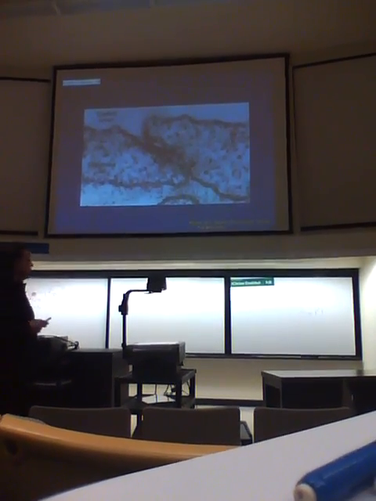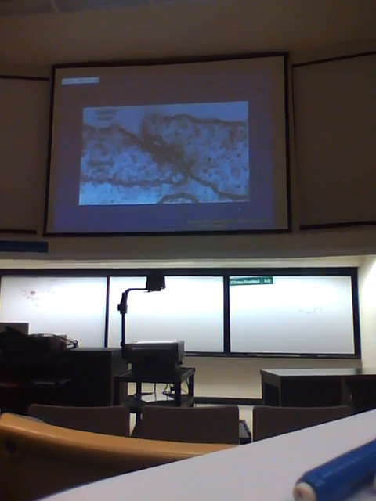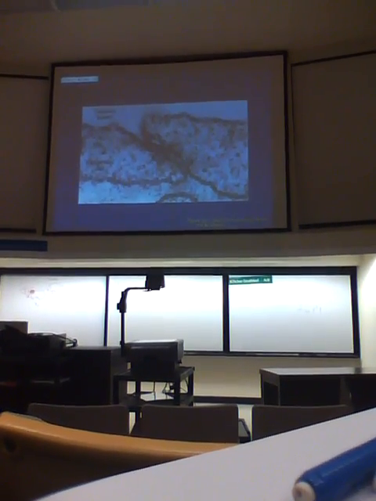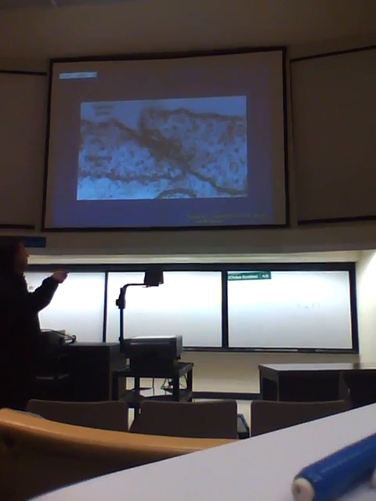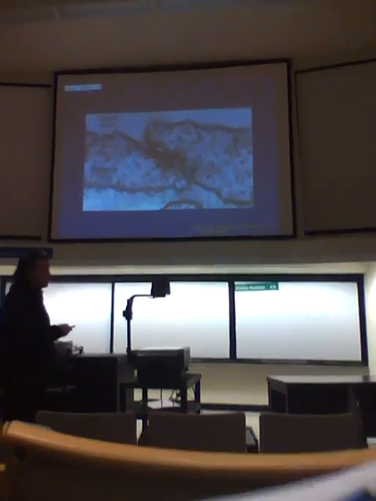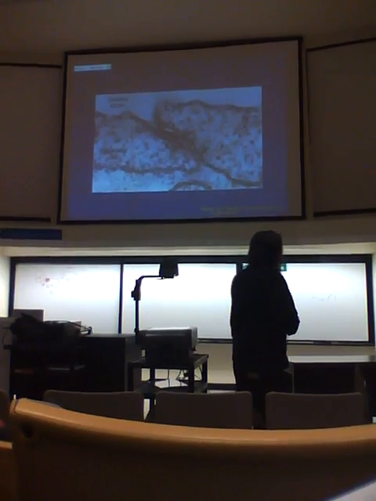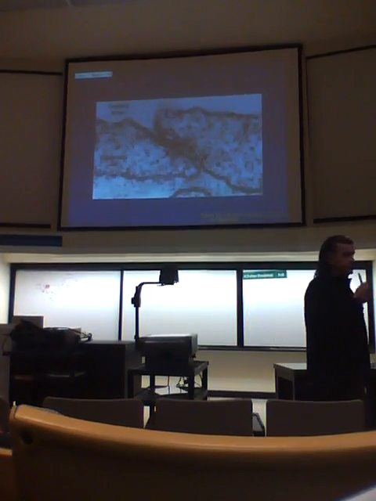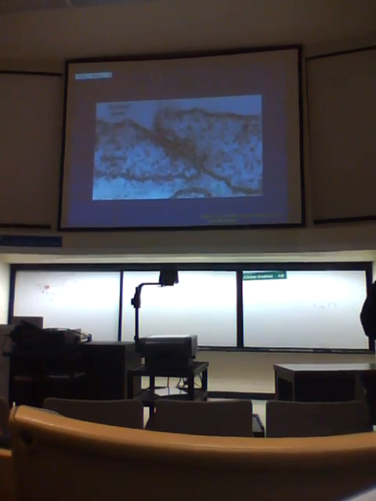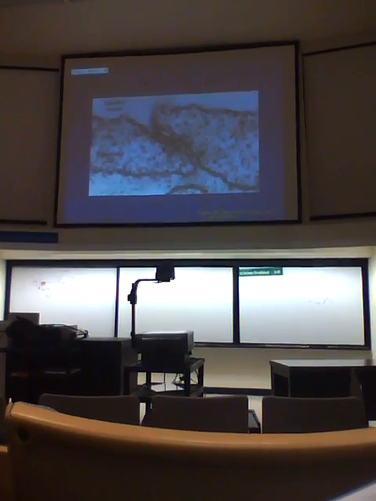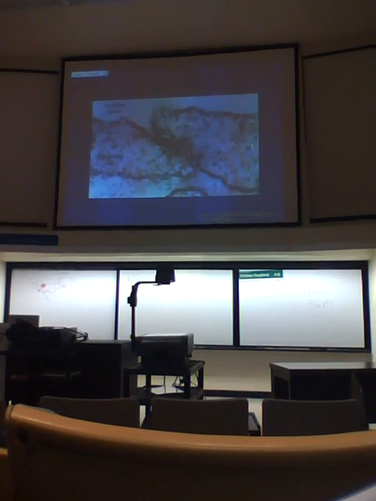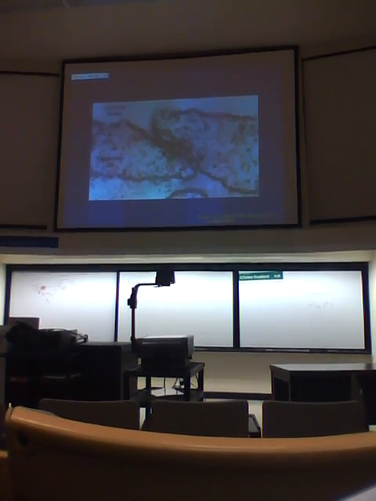The other thing, there's been a lot of work done lately on the fact that you have a transcellular route, as opposed to the paracellular route, through the membranes through water channels. These are called aquaporins, and the one that's been shown is aquaporin 1, and it's simply a channel that lets water go from one side to the other. So you have aquaporin channels here, and here water can actually move through.